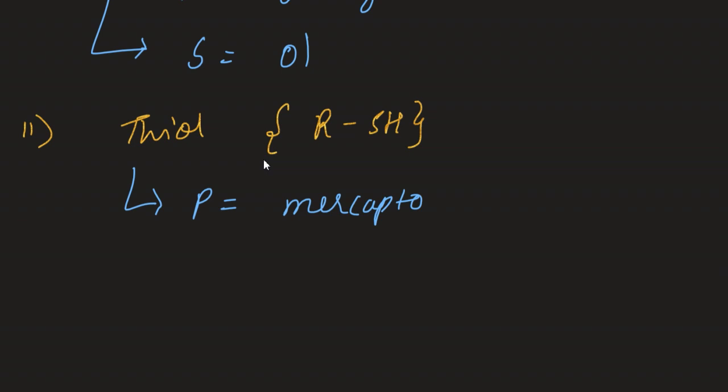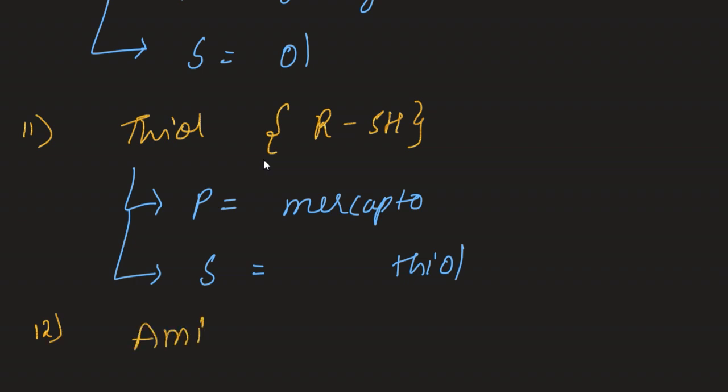Next, if it is acting as a suffix, then we can call it as alkane thiol, or directly you can say thiol. Like methanethiol, ethanethiol, propanethiol, butanethiol, like that.